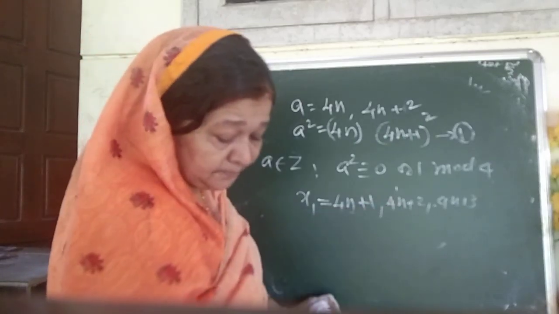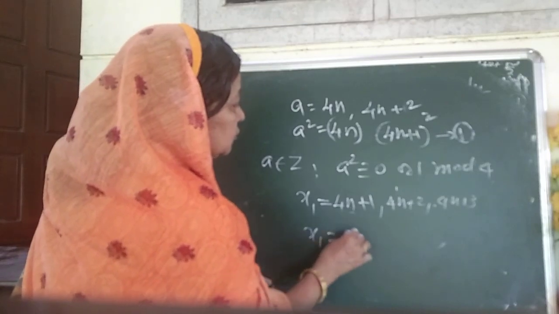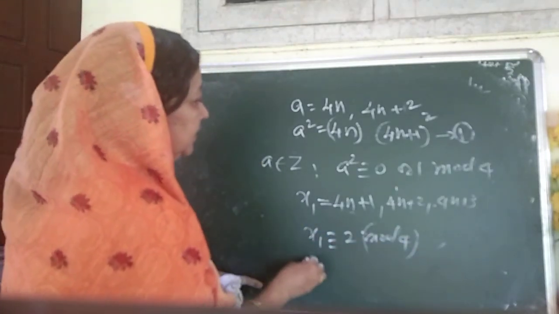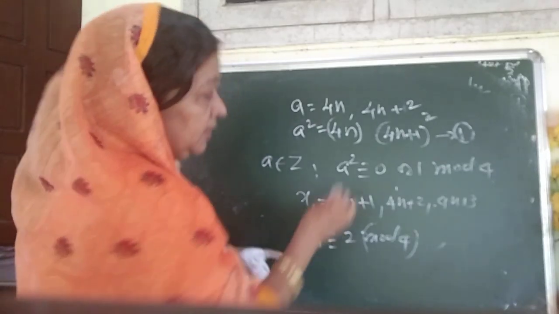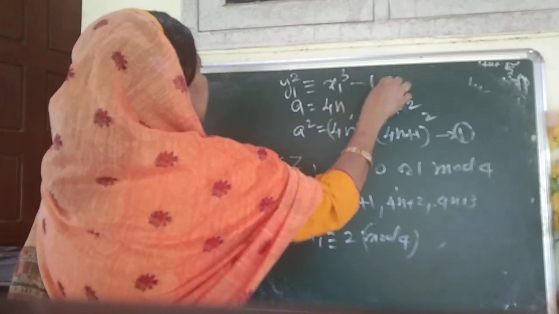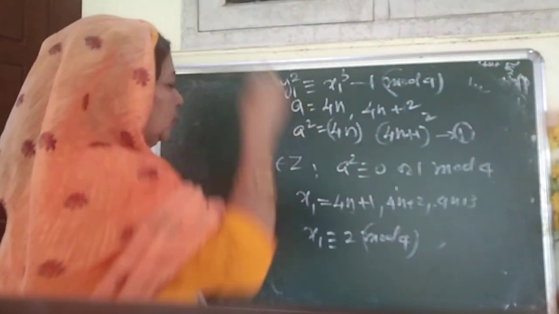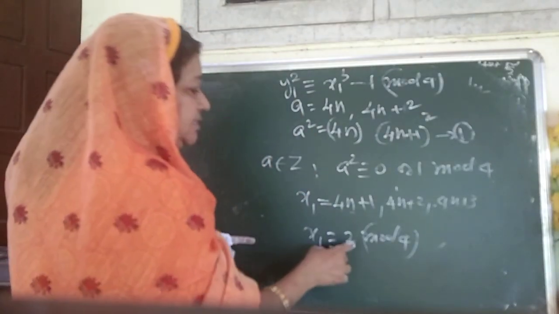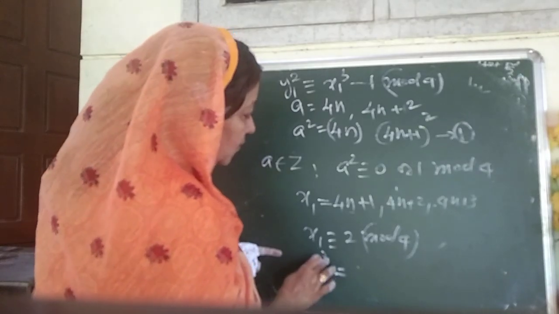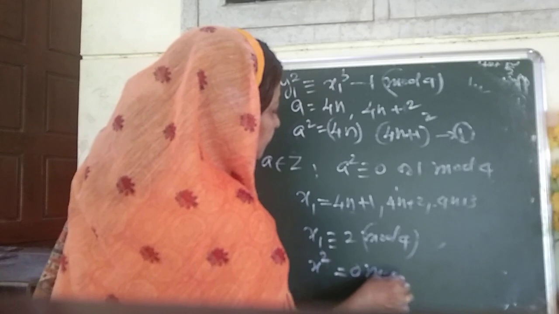If x1 is congruent to 2 mod 4, our equation y1 square is congruent to x1 cube minus 1, and x1 cube is 8, which is 0 mod 4.